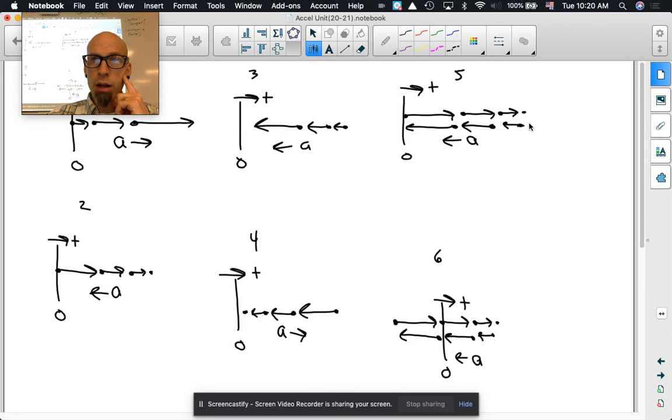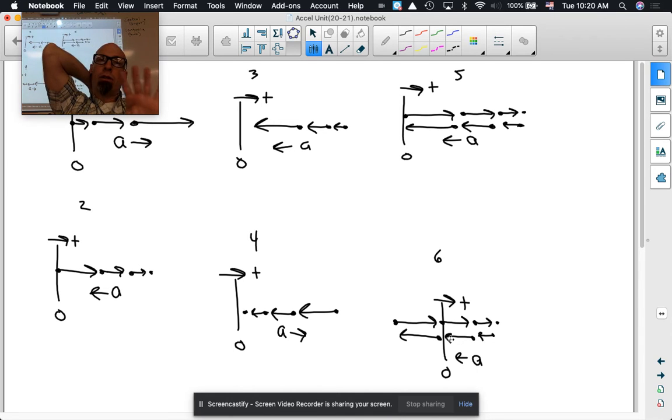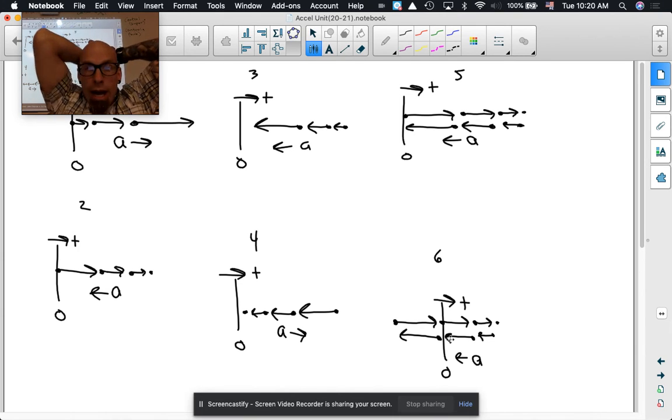Now on this part, arrows are getting longer. And of course, same thing down here, on the bottom part here, bottom part here. In all 4 of those situations where it's getting faster, the A is a certain way.